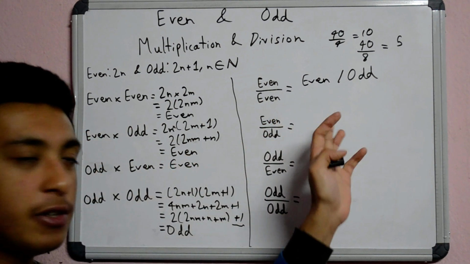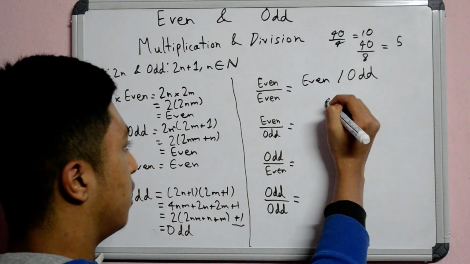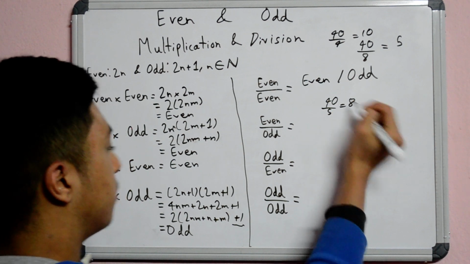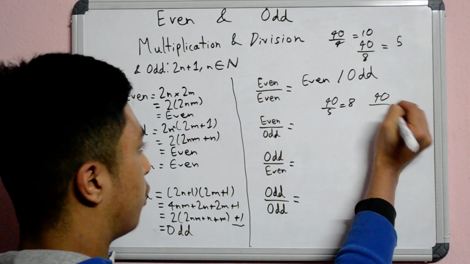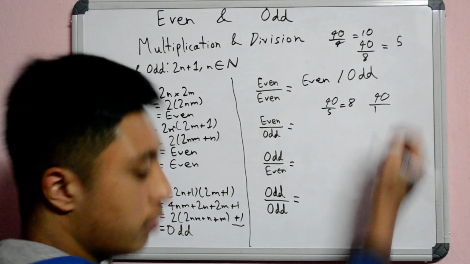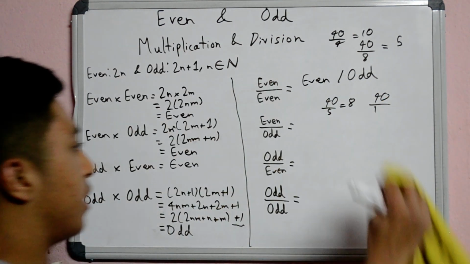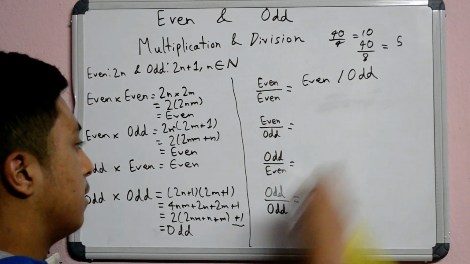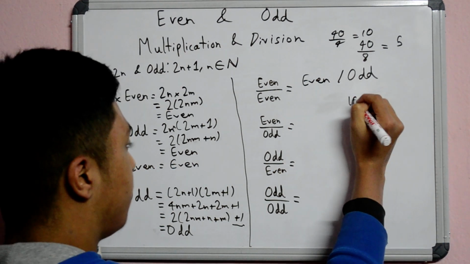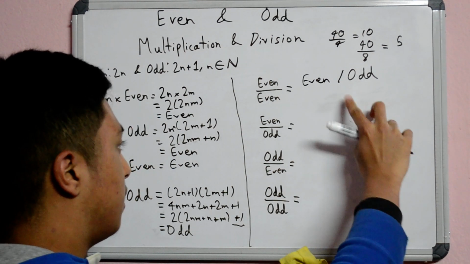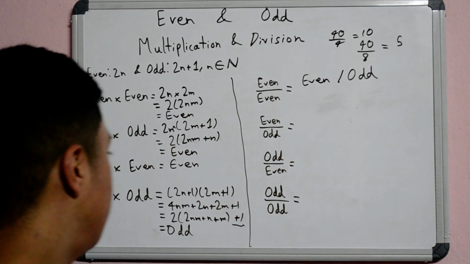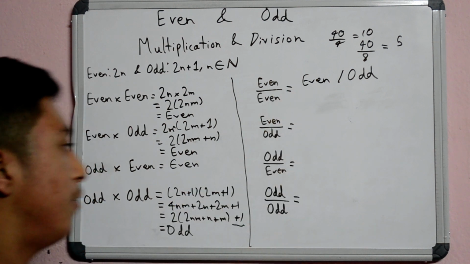So is this really even? Well, 40 by 5 is 8. This is even. Well, 40 by 10, well, we can't use that. We're talking about even by odd. So 15 by 3, oh sorry, that is the odd by odd case. I'm going too far. But that one example should be enough.